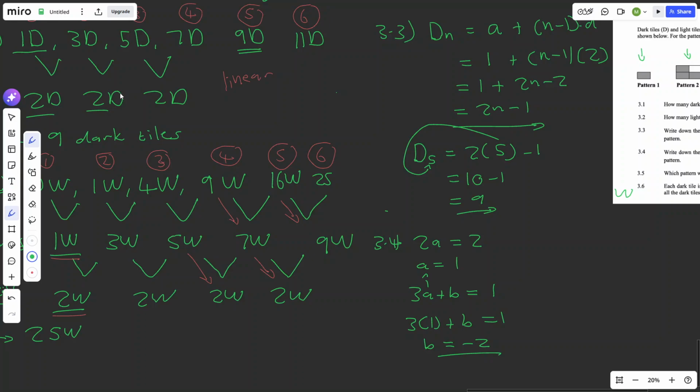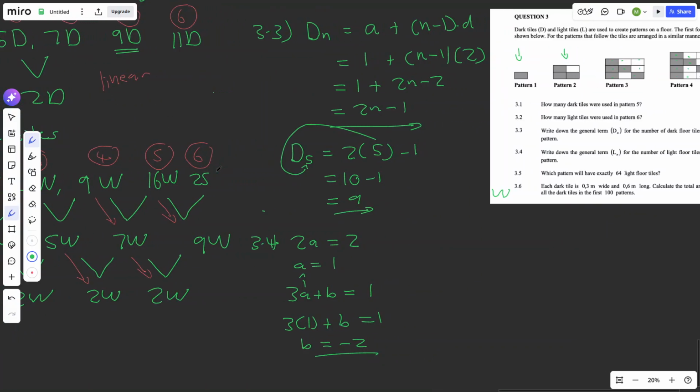So the goal here is to find all the constants that make up a quadratic formula. But before we commence, for those that are not familiar, the general formula is written as this: an squared plus bn plus c. So we already found a, we found b, lastly we need to find c.